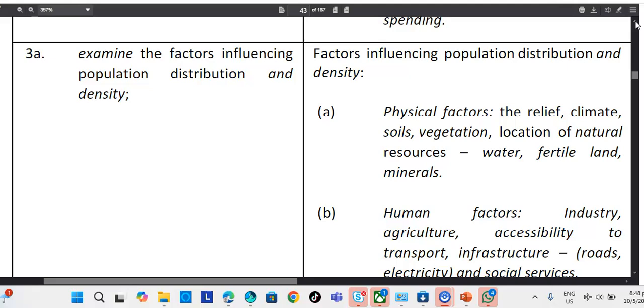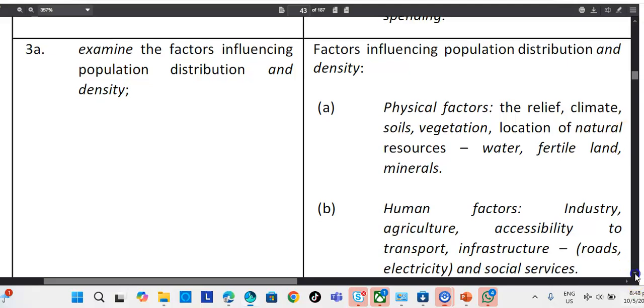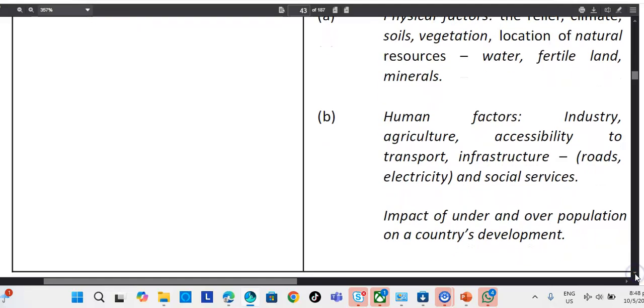comfort are not available. Now, if we look at human factors, people tend to live in areas that have industries, agriculture, accessibility to transportation, and infrastructure, for example roads, electricity, and social services.